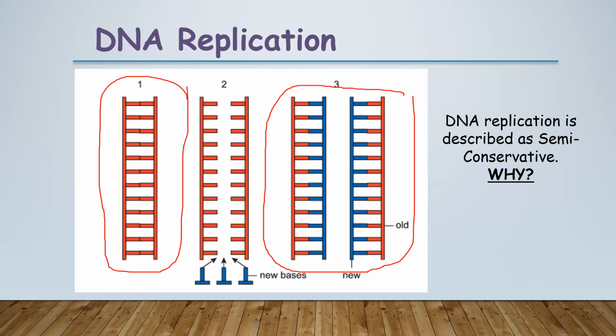As you can see, when we add in our new bases, each of our 2 new strands is half old and half new. So that semi-conservative process means that every time we replicate DNA, half of each copy is old and half of each copy is new. So we're conserving 1/2 of the DNA each time we replicate it.